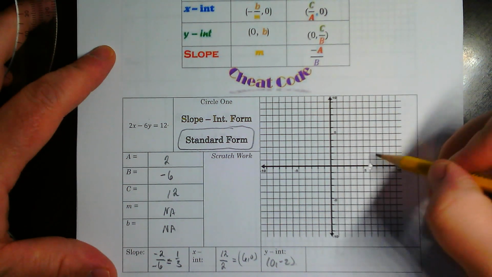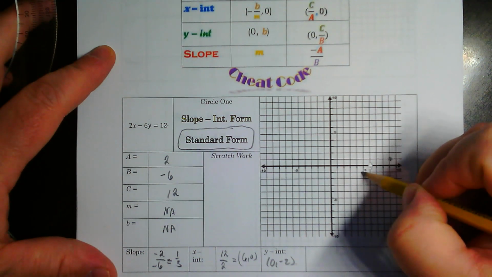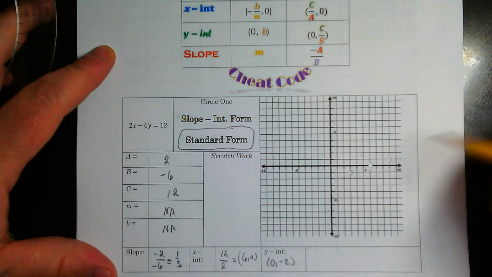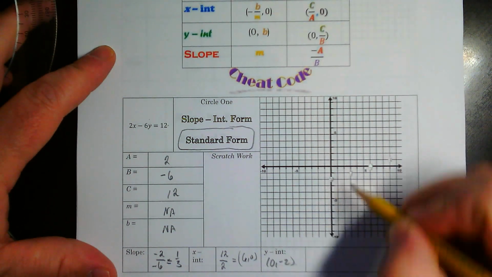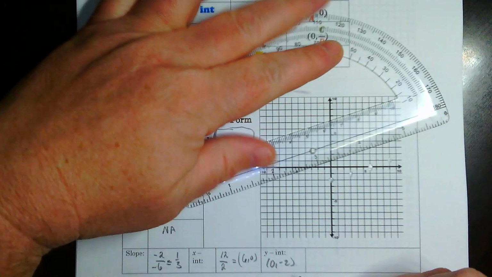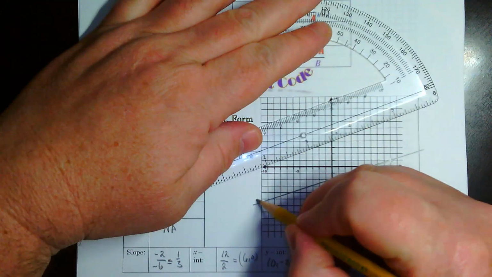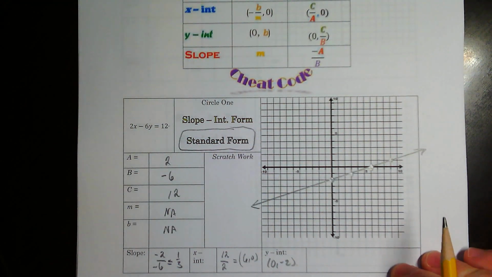We could count our slope, up 1 over 1, 2, 3, right? Or you can go down 1 over 1, 2, 3, right? Just like that. And then you could do that again, and you're going to end up right here. The reason I know that is that's our y-intercept. So we've got 4 points here, plenty. All you need is 2. Got 4, connect the dots. You're done.